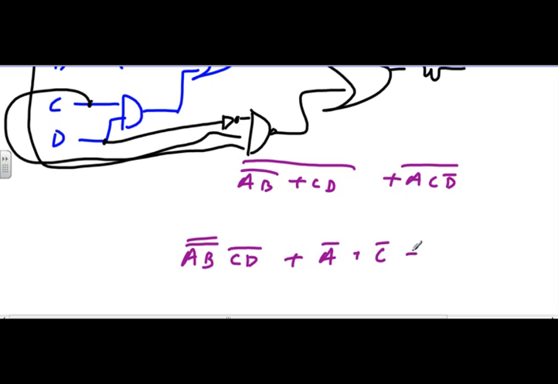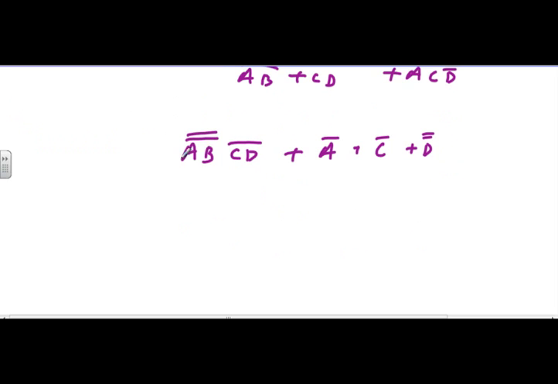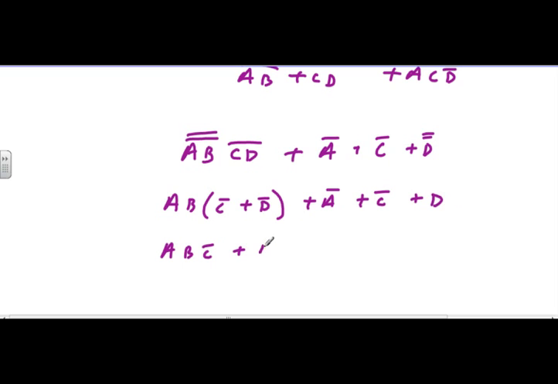C' or D''. All right, well, the AB double knotted is just AB. AB, C' or D' or A' or C' or D. I got A, B, C', A, B, D', or A', or C', or D.